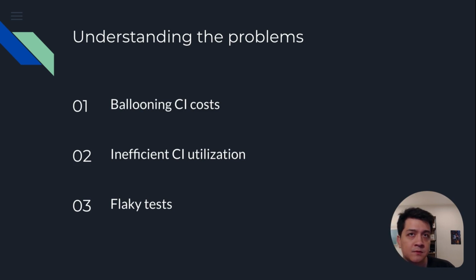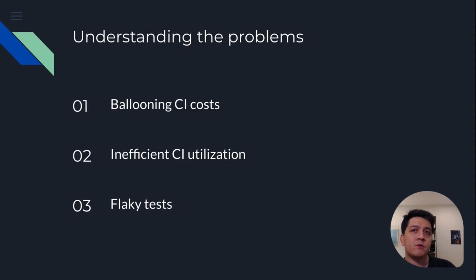This was shown in the monthly billing. Inefficient CI utilization. During our audit, we discovered that certain areas were not efficiently using caching or being parallelized.